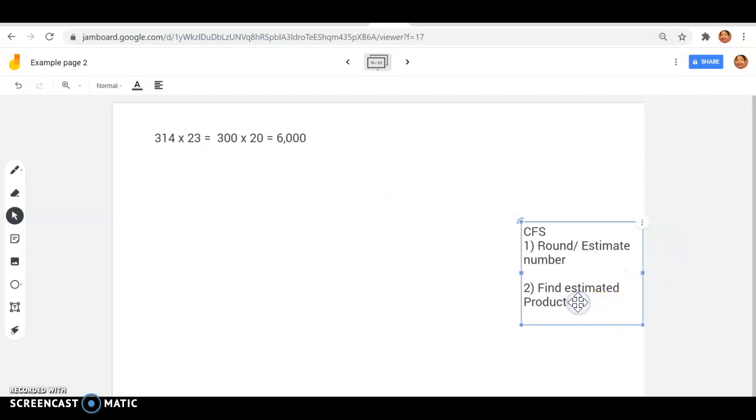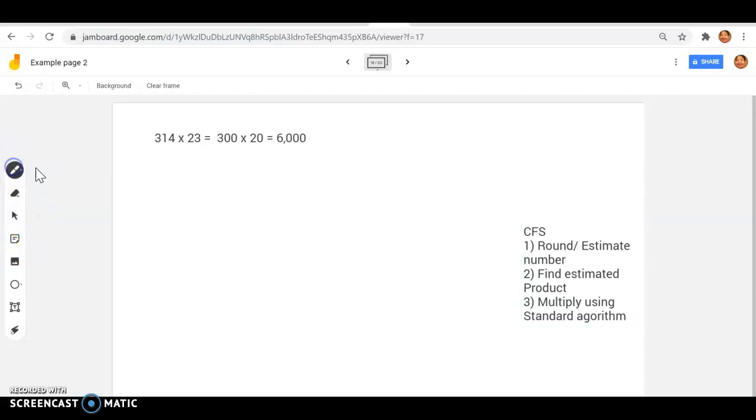Okay, so we have found our estimated product. Step number 3 of our CFS, now we're going to multiply using the standard algorithm. We're stepping away from the area model that we were using, and we're just going to be using the standard algorithm in order to multiply.